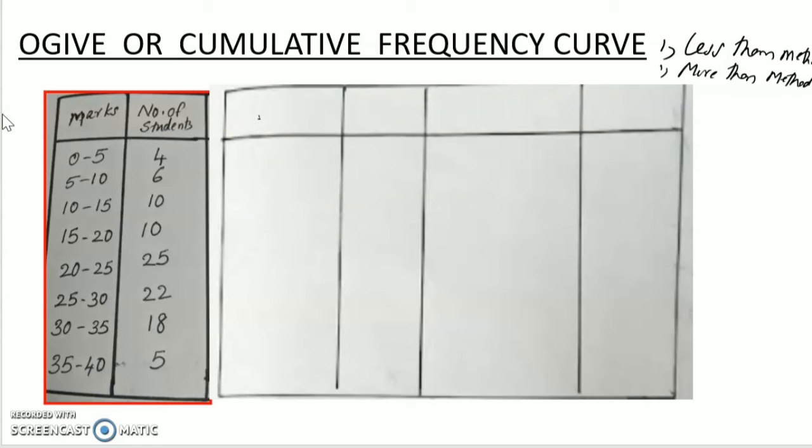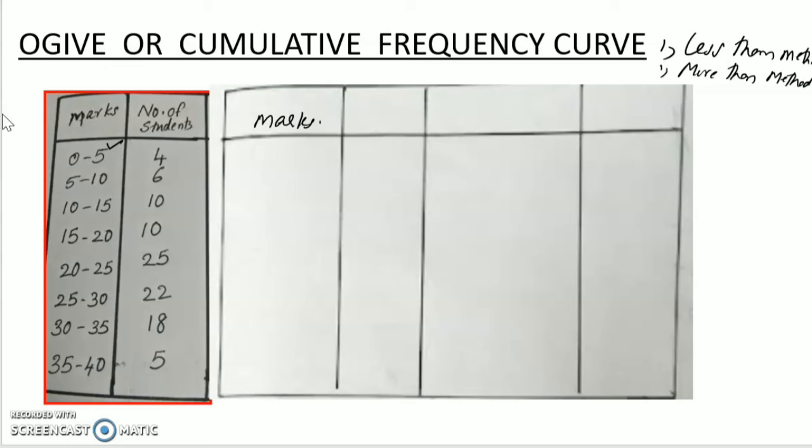In the first column I am marking these marks. Less than method first. When you are doing the less than method, you have to take less than the upper limit. Less than 5, less than 10, less than 15. In the less than case you have to take the upper limit.